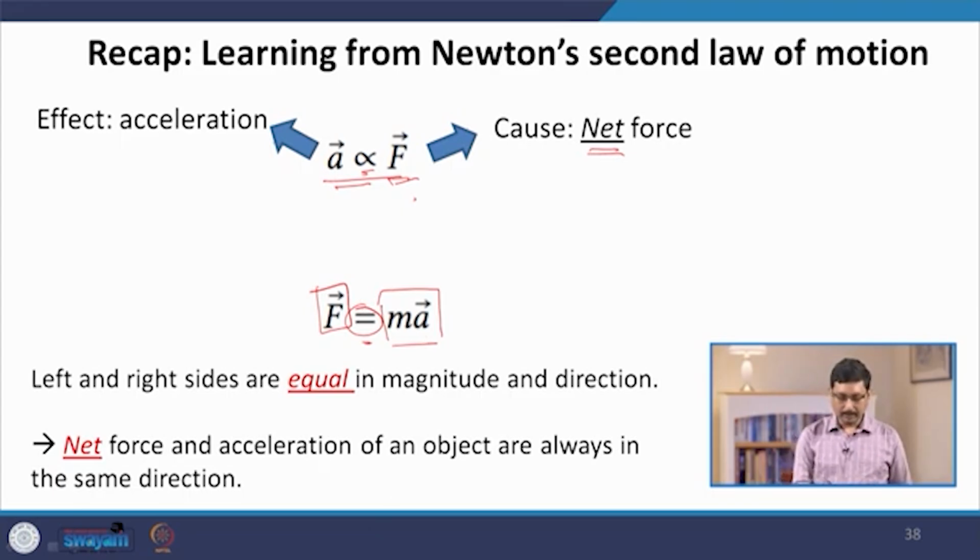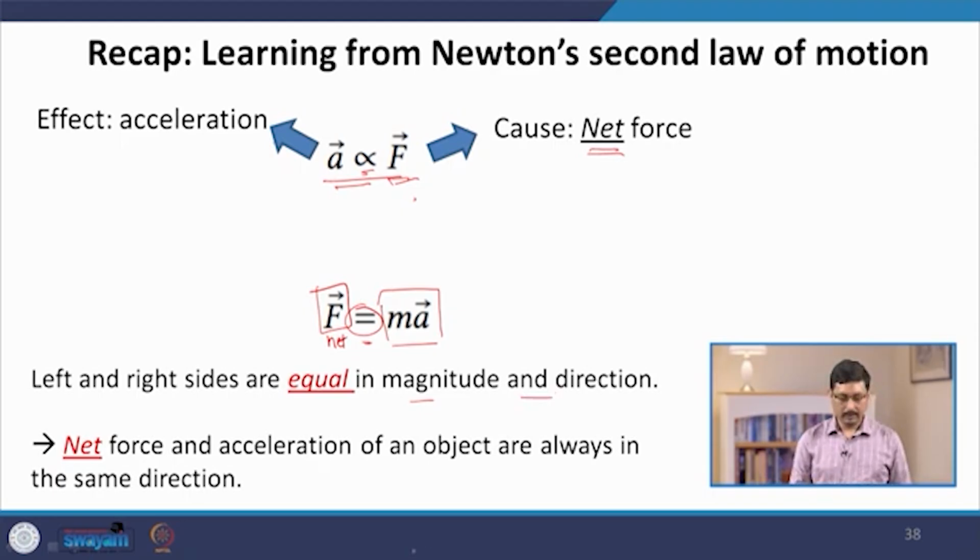This equality says that if you can independently determine the F on the left hand side, and the acceleration and mass on the right hand side, then they will be equal, where F represents the total force acting on the system, and this equality holds in both magnitude and direction.